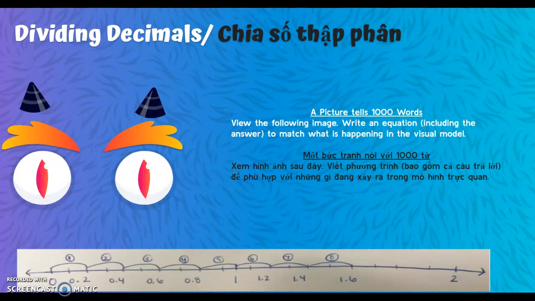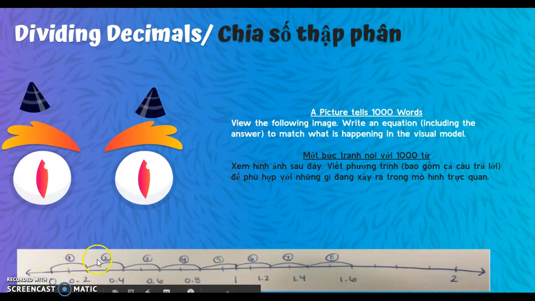Welcome back. Well, if you look at this picture, you can see we start at 0 and we go all the way to 1 6/10. And then if we look at the top, it's jumping 2/10, then another 2/10.